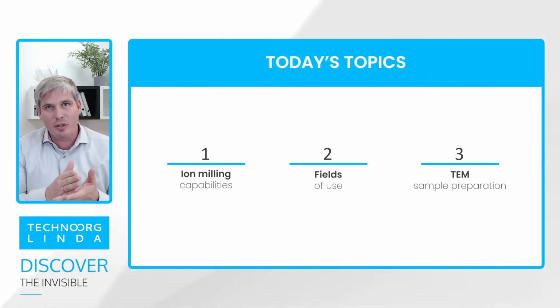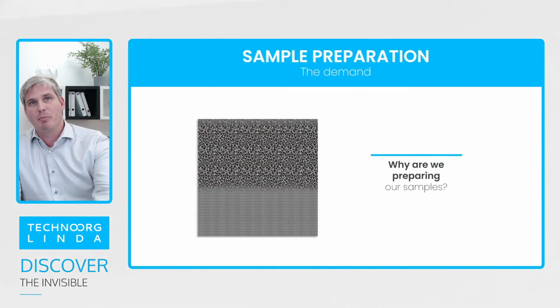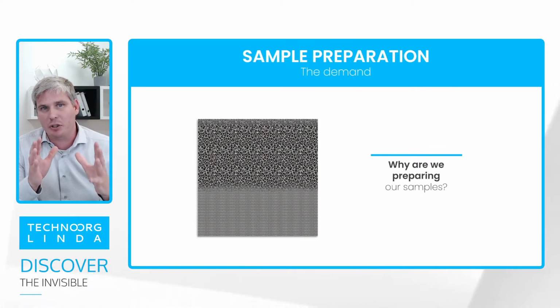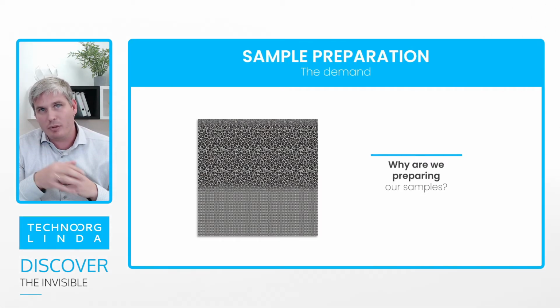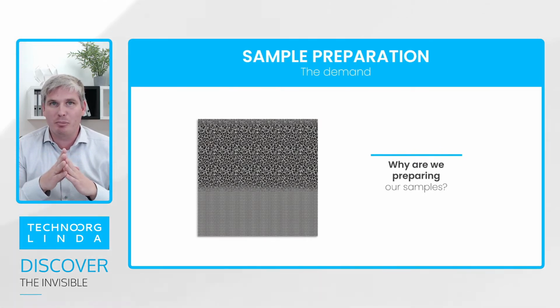We cut the samples if necessary, and usually we polish them mechanically. After mechanical polishing, we have a structure like this. On top of the sample, we have a thin amorphous layer, which can absolutely disturb the image we would like to make.